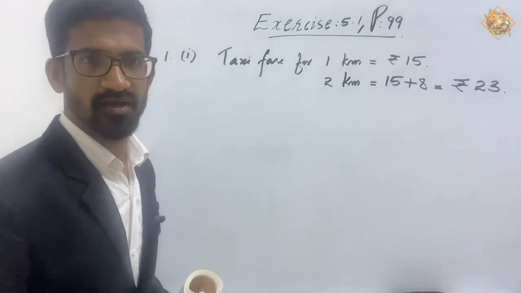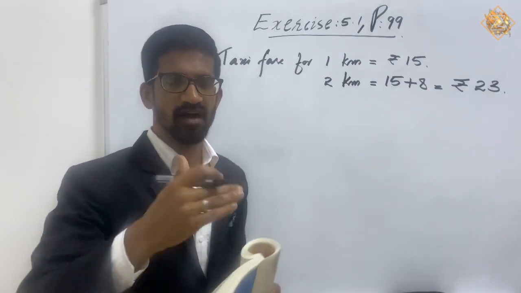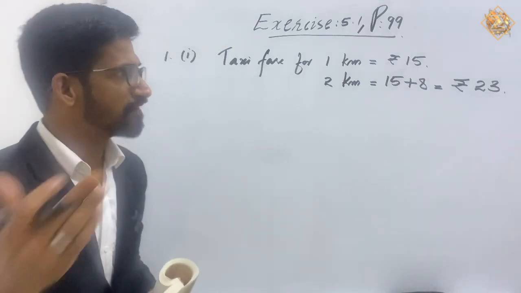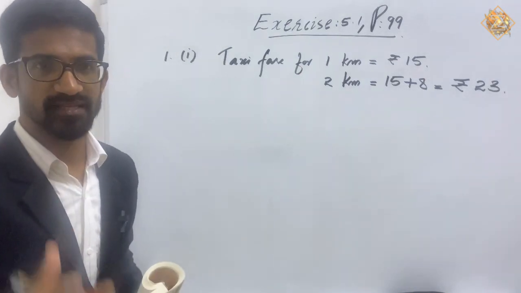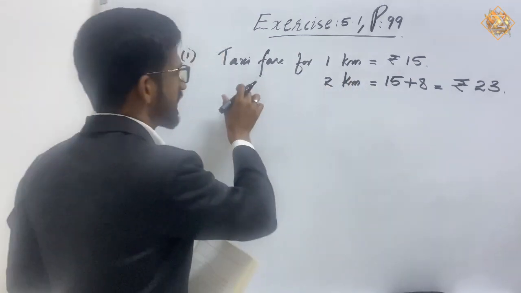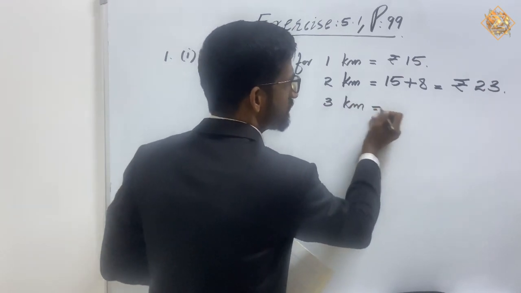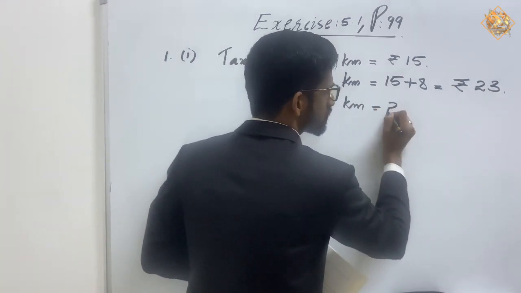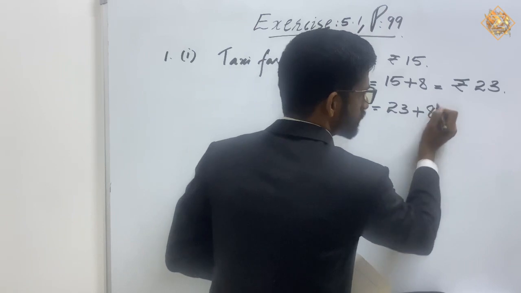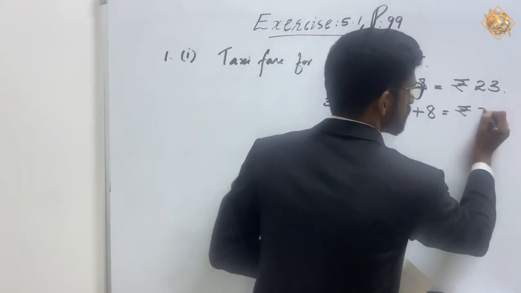Isn't it, students? For the first 1 kilometer, we will have to pay rupees 15. Then after each 1 kilometer, we will have to pay rupees 8 along with the 15. So for 3 kilometers, how much will it be? Rupees 23 plus 8, isn't it? That is rupees 31.